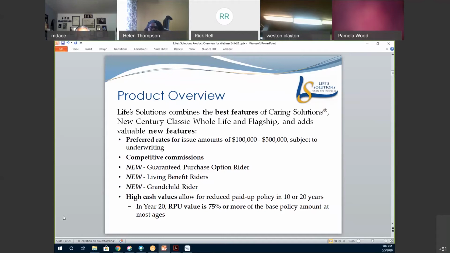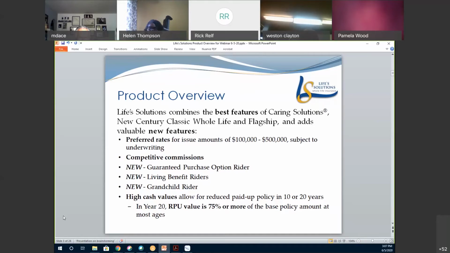We came up with a preferred rate class so we can have competitive rates, and it starts at $100,000 and goes to $500,000. Very competitive commissions. We've added 3 really exciting riders. We have a guaranteed purchase option rider, which will allow you to add coverage without underwriting in the future.